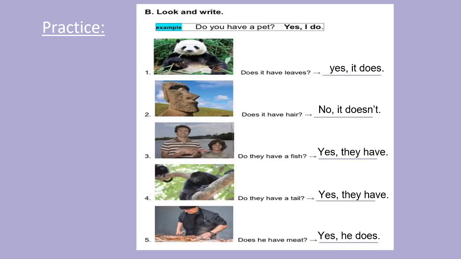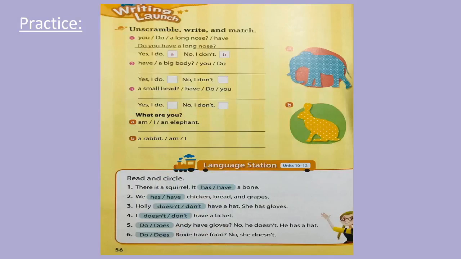Okay, so right now let's move to our page for today's lesson. The first one is about the question form of the simple present that you need to unscramble, write, and match. Here we have two pictures, picture letter A and picture letter B. You need to arrange the sentence correctly, and after that put the correct answer with the correct picture, A or B. For example, do you have a long nose?